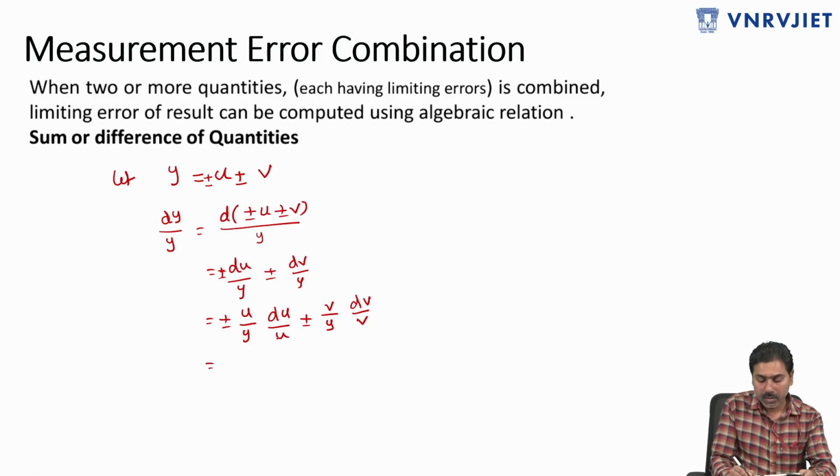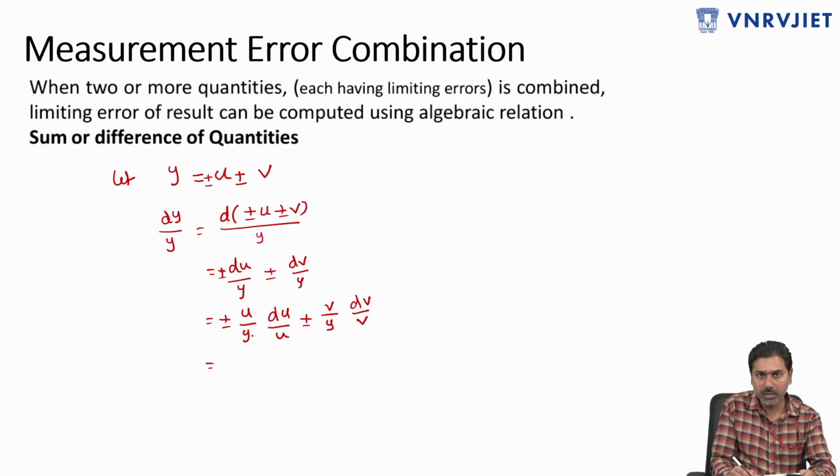Now here du by u is nothing but the relative limiting error that we discussed in the previous video. That will be given by the manufacturer, and the u value, the nominal value of each variable, will again be given by the manufacturer.